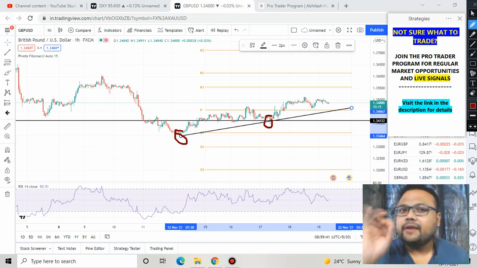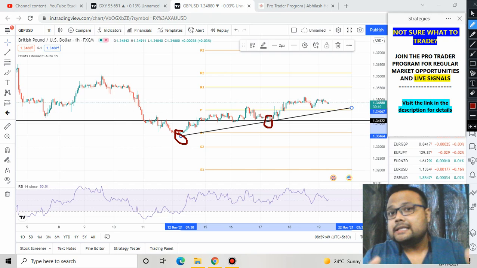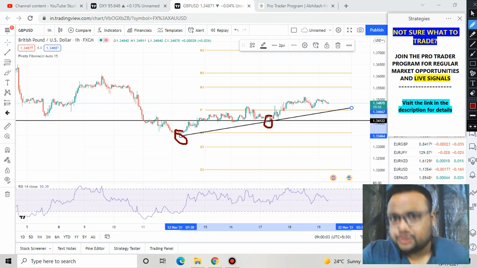But let me be very clear, we had a huge selling on GBP USD, and you can clearly see that there is not much buying power. In short, if you are taking a buy position, there is always a risk, because overall the trend of GBP USD is very bearish.